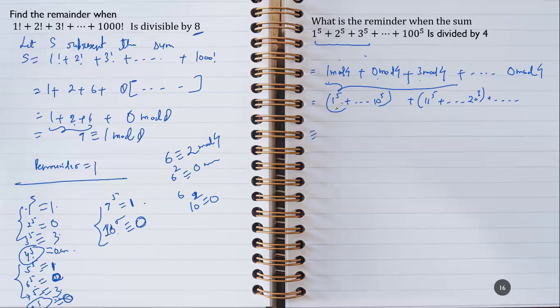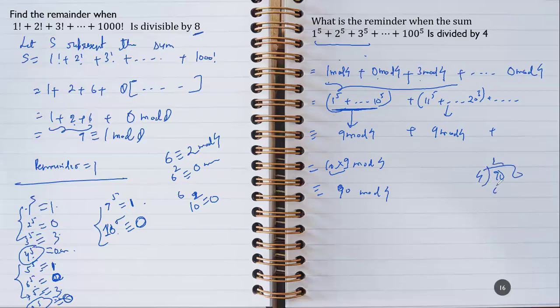Each block will give me 9 mod 4, again and again, so 9 mod 4 is coming 10 times. 9 multiplied by 10 is 90 mod 4.